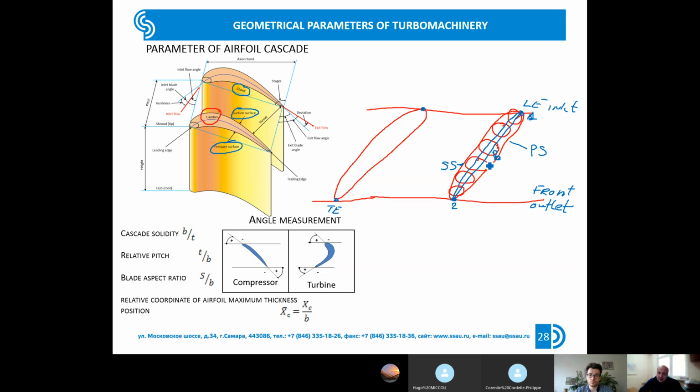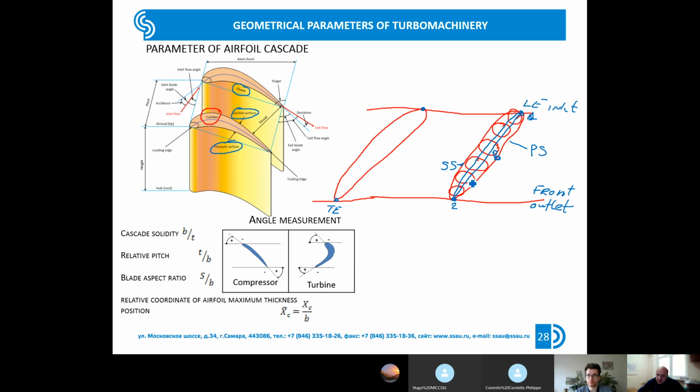I don't remember which one, sometimes S, sometimes C, depending on the source. But this parameter is very important because it has a big influence on the gas dynamic efficiency, of course. It has influence on the stresses, on the manufacturing process and many other things. That's why it's a very useful parameter in all areas dealing with turbomachinery.